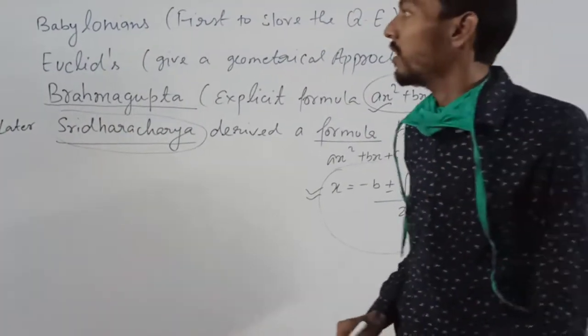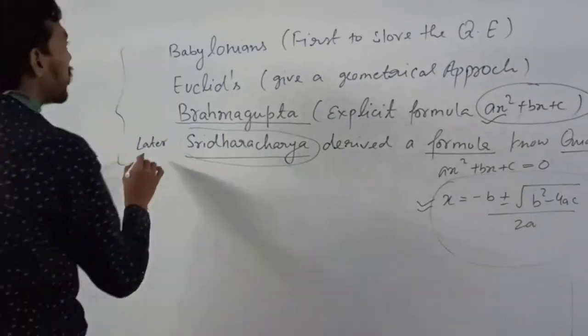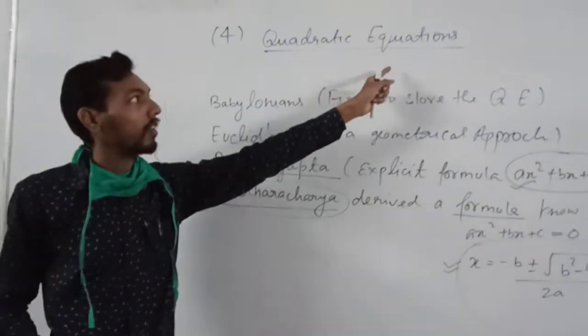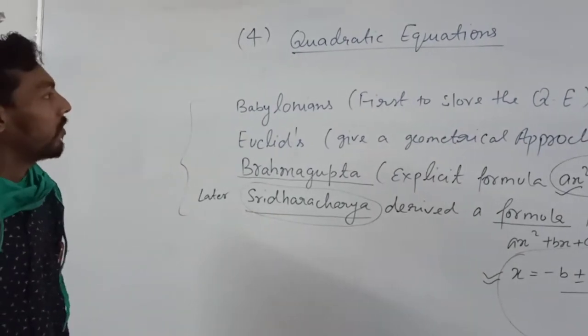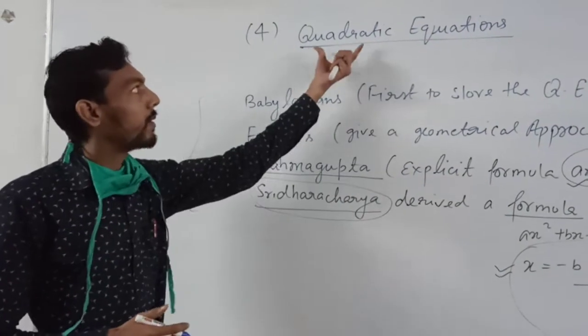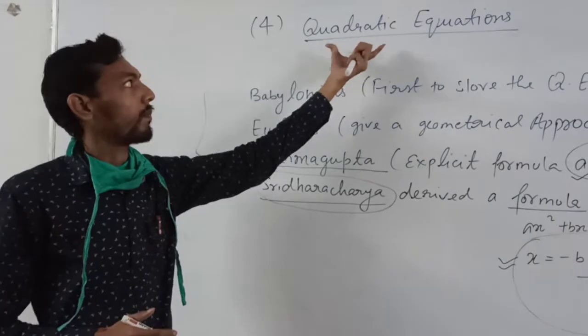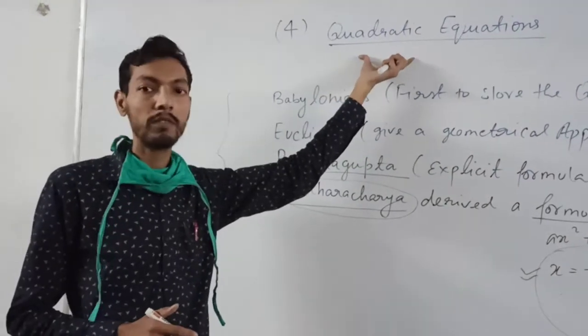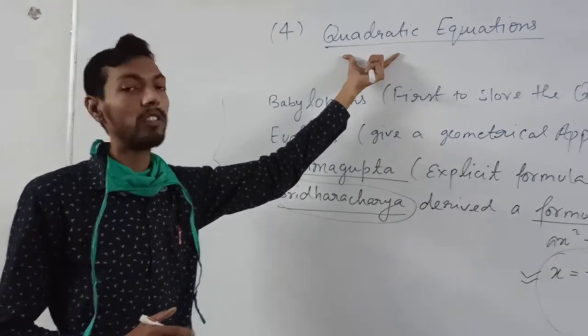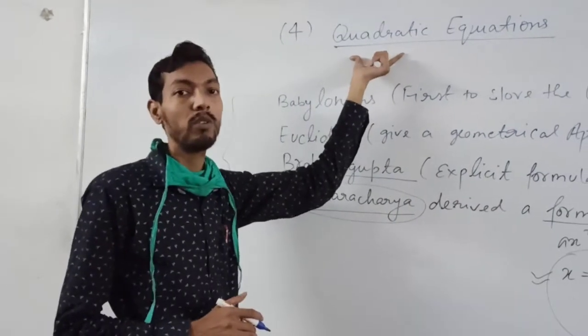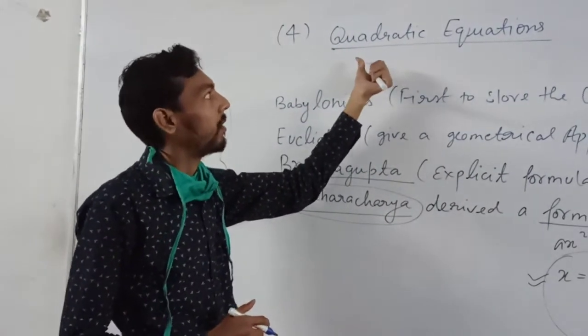Okay students, so this is a little information about quadratic equations. You must know about this information. Now we discuss the main topic, quadratic equation. What is a quadratic equation? You know that quadratic means having the highest power of 2 in the variable.